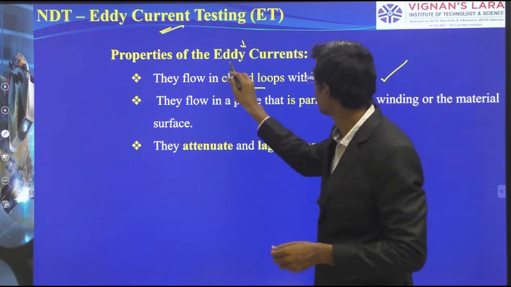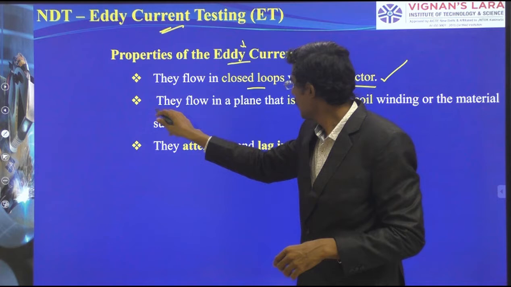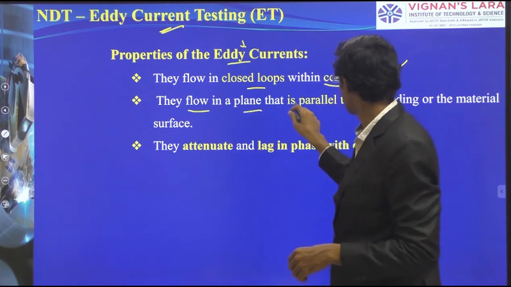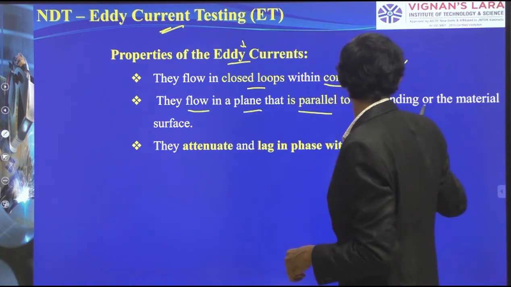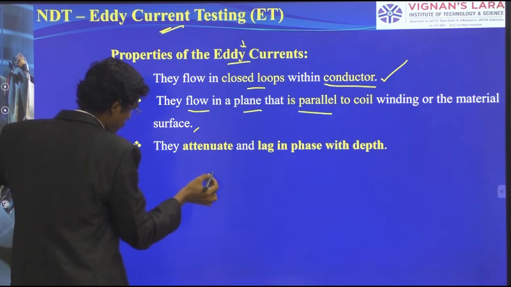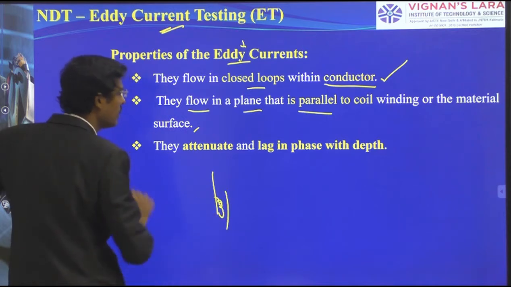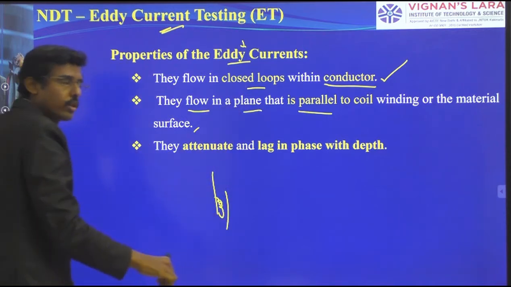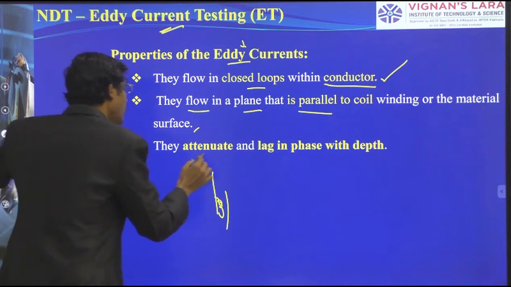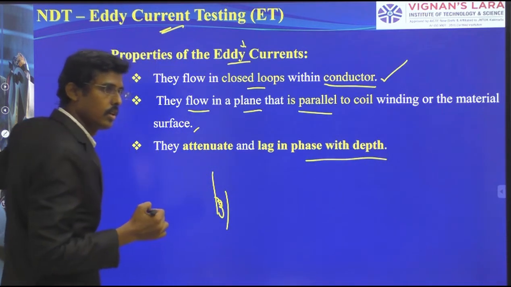So the property of eddy currents is that the material should be conducting. This eddy current flows in a plane parallel to the coil winding or the material surface. The coil is there, so parallelly the current will flow downwards. They alternate and lag in phase with respect to depth.